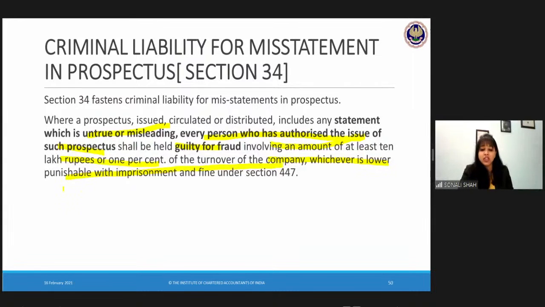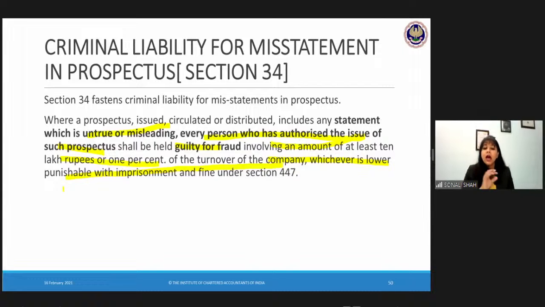So he will be punishable for fraud under Section 447 of the Companies Act, 2013. Where the prospectus has an untrue or misleading statement, every person who has authorized that document will have a liability, right?